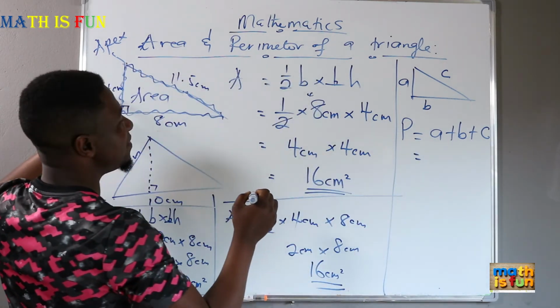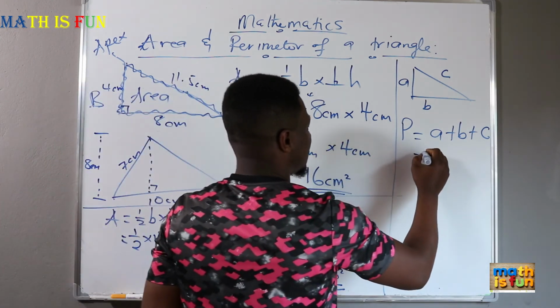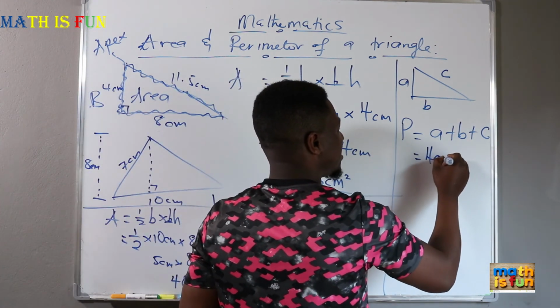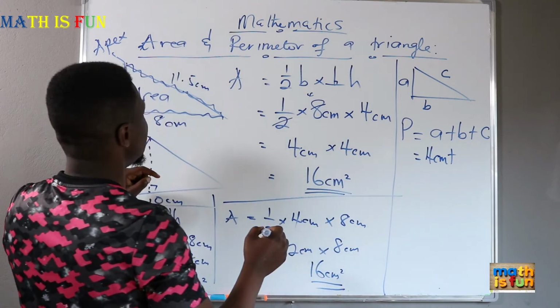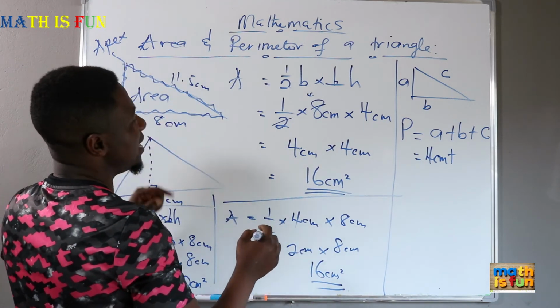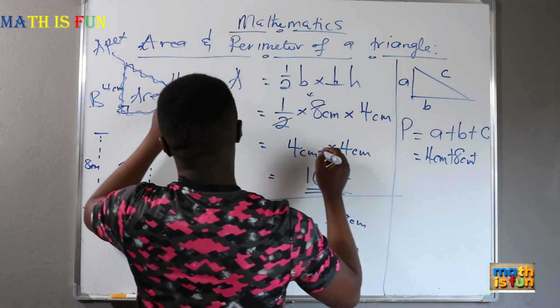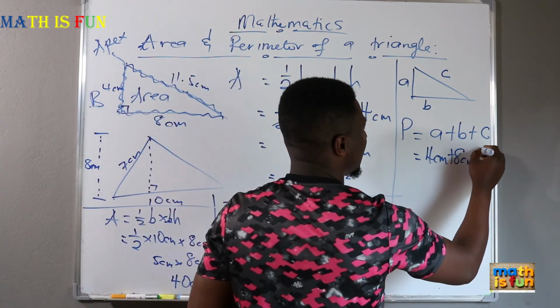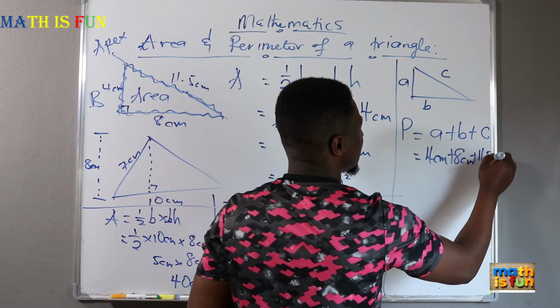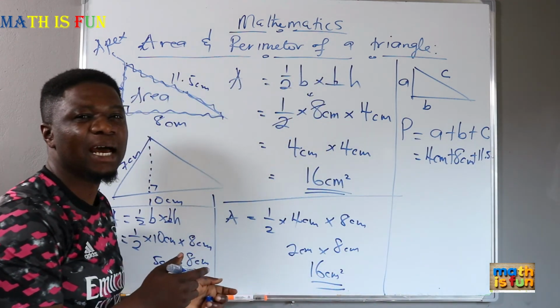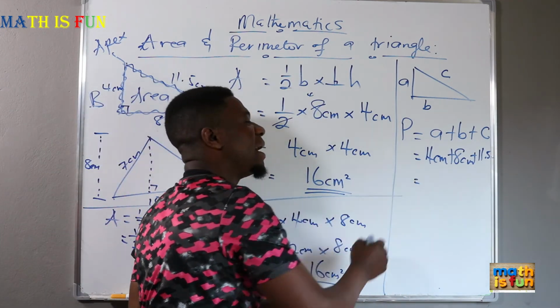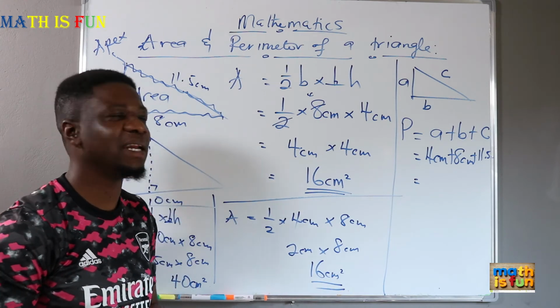A is 4 centimeters, so I'll write 4 centimeters plus B, which is 8 centimeters, plus C, which is 11.5 centimeters.